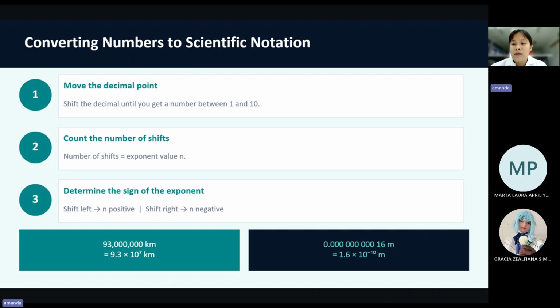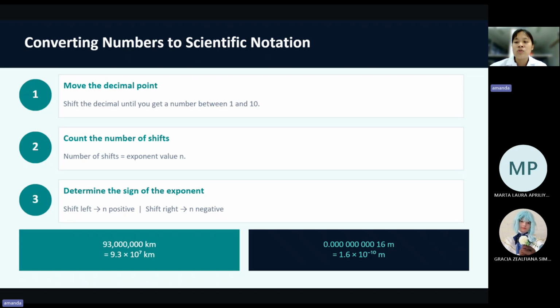Do you see the pattern? The first number is between 1 and 10, and then we multiply it by a power of 10. This method helps you write every large or very small number in a short and simple way.